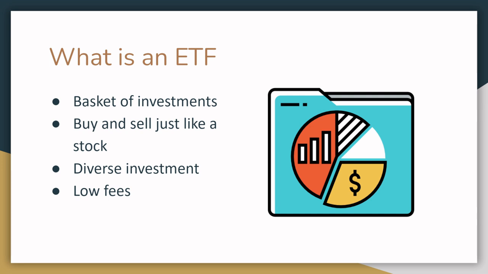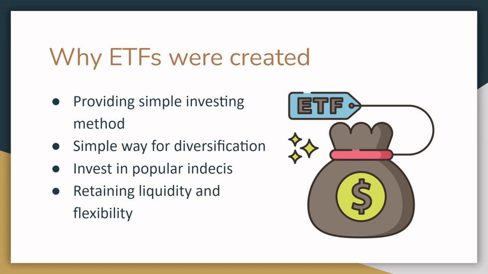ETFs were invented to solve a problem that many investors faced: the need for a simple, cost-effective way to achieve diversification. Before ETFs, investors often turned to mutual funds for diversification, but mutual funds came with several drawbacks. They could only be traded at the end of the day, had higher fees, and often lacked transparency.